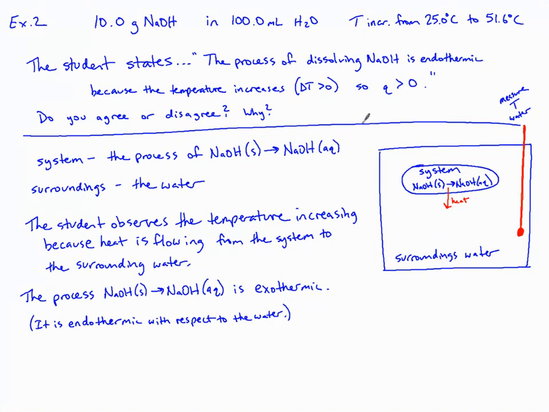So if you look back up at the student's statement here, the process of dissolving the sodium hydroxide is endothermic. No, it's exothermic. So that part is wrong. Because the temperature increases, yes, the temperature of the water is increasing, and Q is greater than 0.